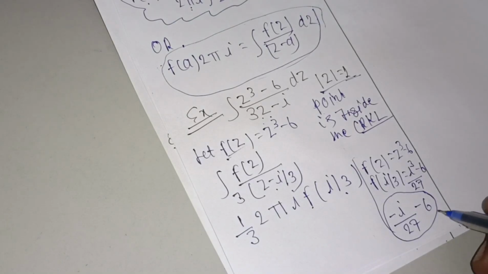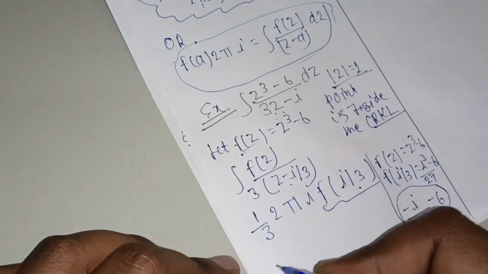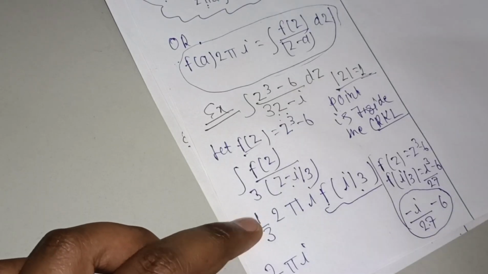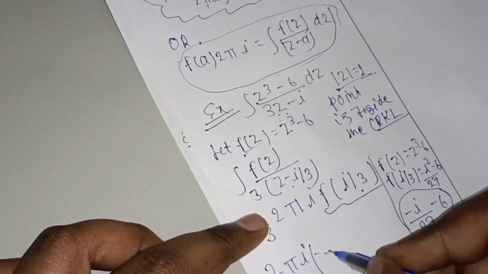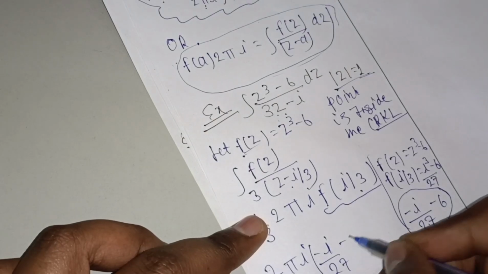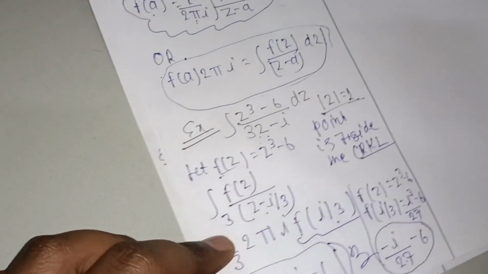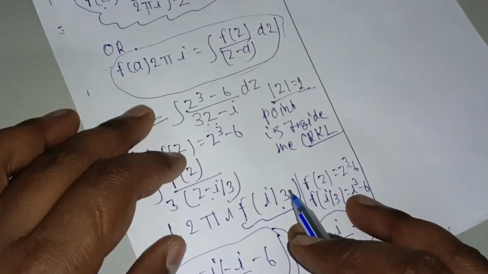So we'll put it in place of this: 2 pi i by 3 times f, which is minus i by 27 minus 6. Okay, this is our answer. This is how we solve it using the Cauchy integral formula.